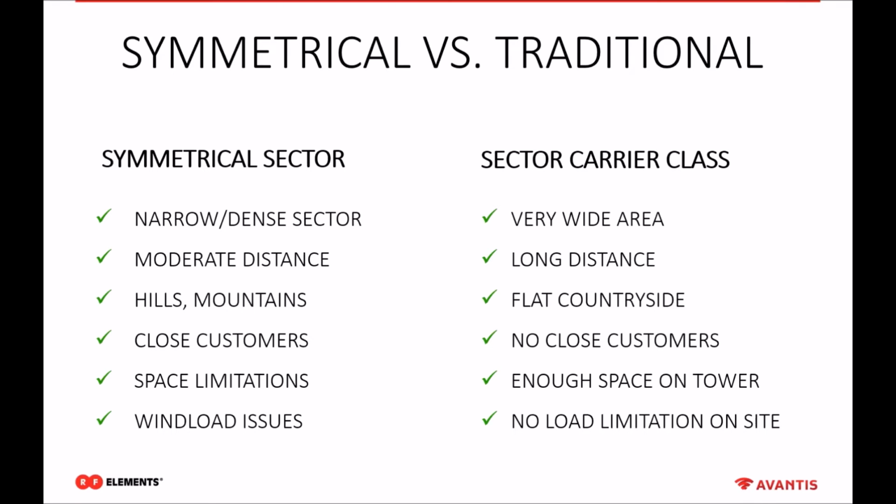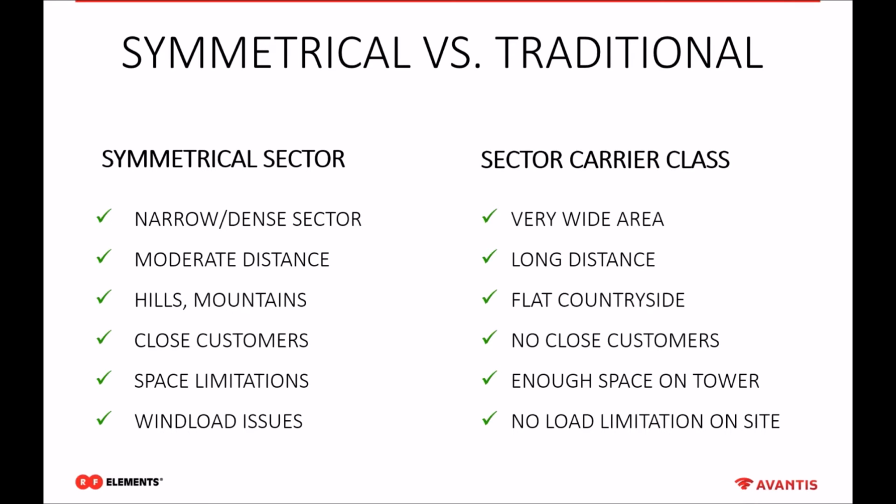So to summarize, it's very good when you have a narrow sector, so customers are concentrated in one place and you would like to cover just those customers, or you have a very dense sector, with many customers distributed over the whole sector, so you need to split the sector into smaller sectors.